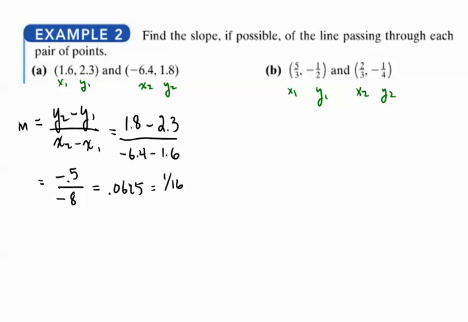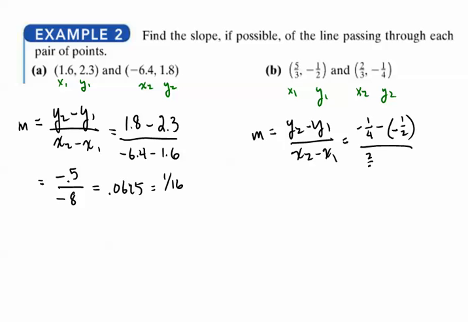We'll go on to the second example here, and we'll label our points x1, y1, x2, y2. And so our formula is m is equal to y2 minus y1 over x2 minus x1, plugging in our points, negative 1/4 minus negative 1/2 over 2/3 minus 5/3, and we get negative 1/4 plus 1/2, which will give us a positive 1/4.